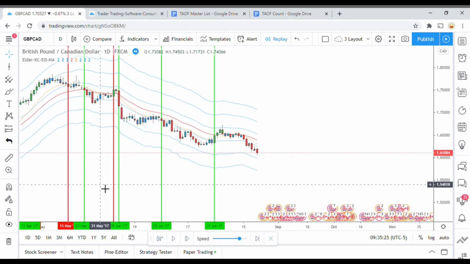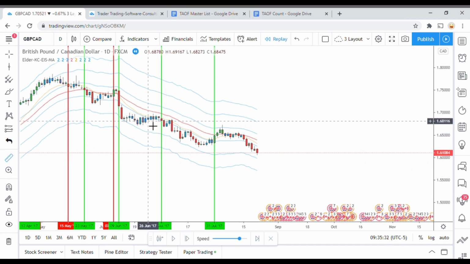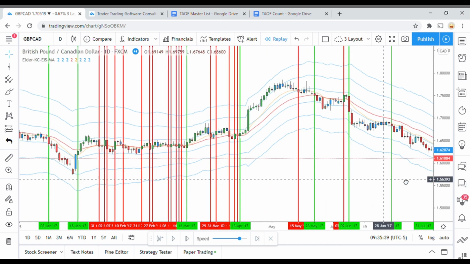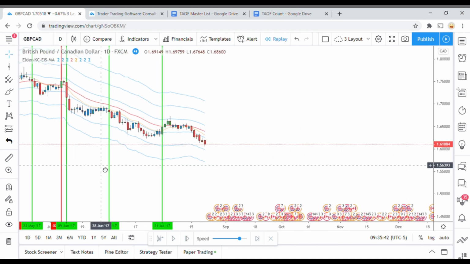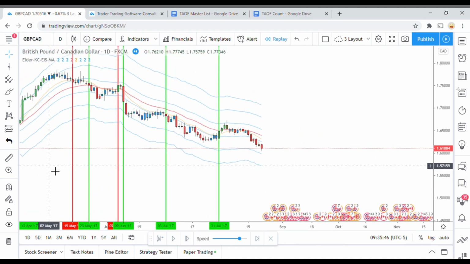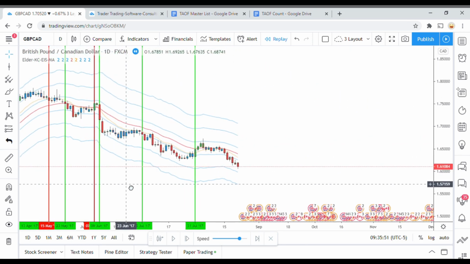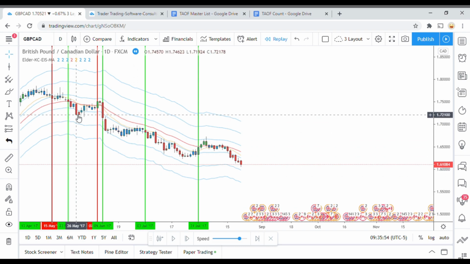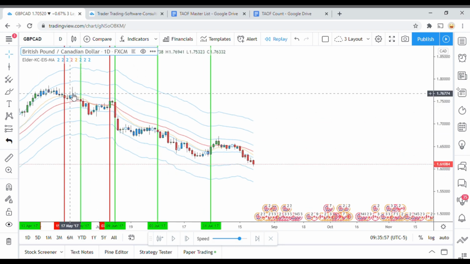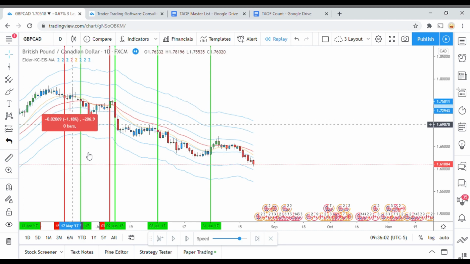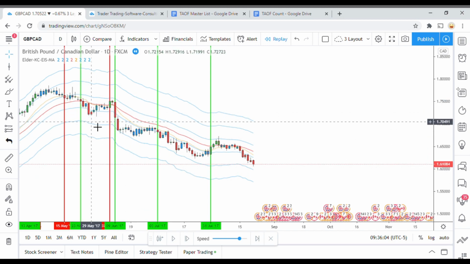Let's actually back up here a little bit because I do want to be mindful of when we would have been in and out of trades. Let's see, 140. So it looks like right here is about the first time it started doing that.